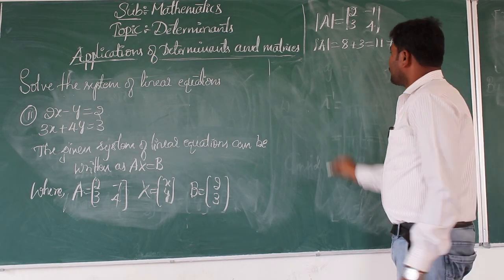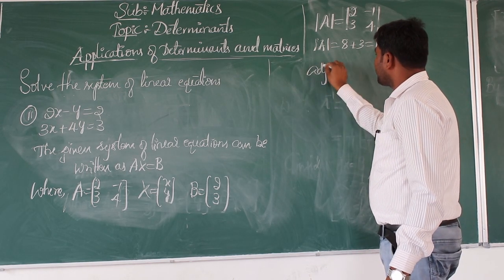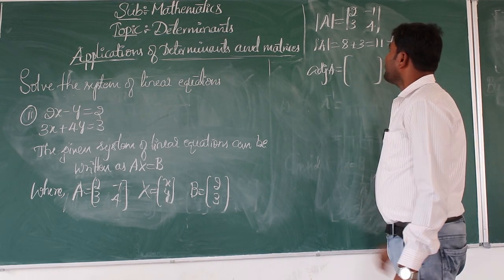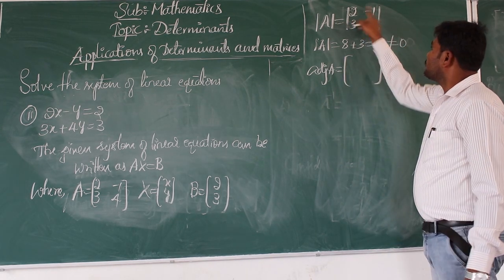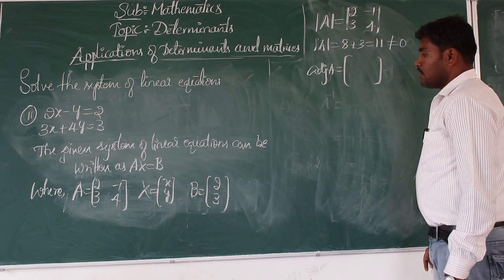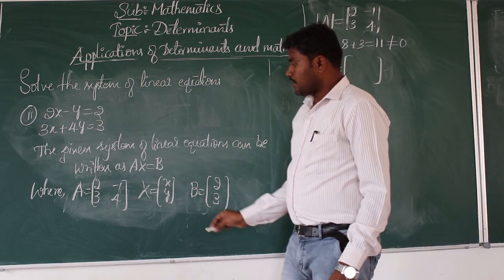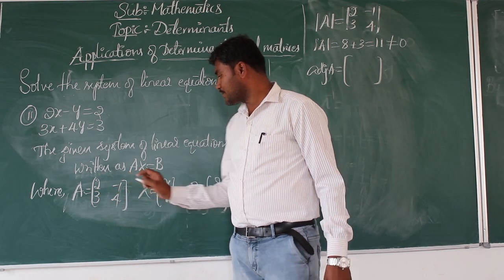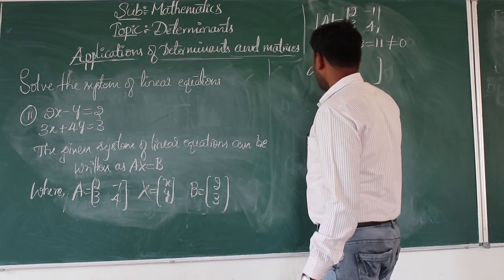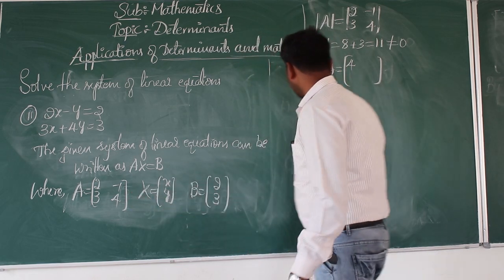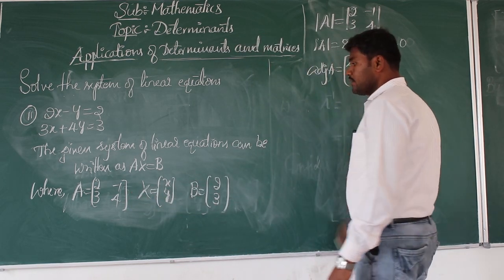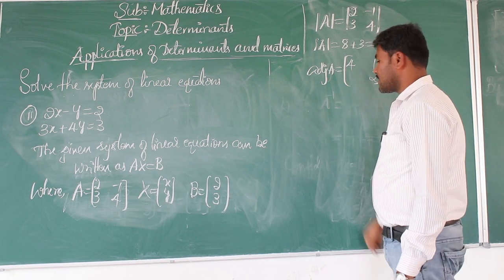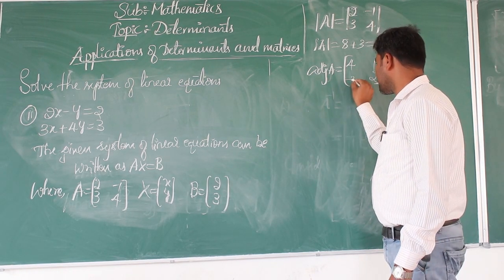Now the adjoint of the matrix A. Matrix A is 2 minus 1, 3 4. First we have to interchange the diagonal elements: in place of 2 we take 4 and in place of 4 we take 2, and change the sign of the rest of the elements. Minus 1 becomes plus 1, plus 3 becomes minus 3.